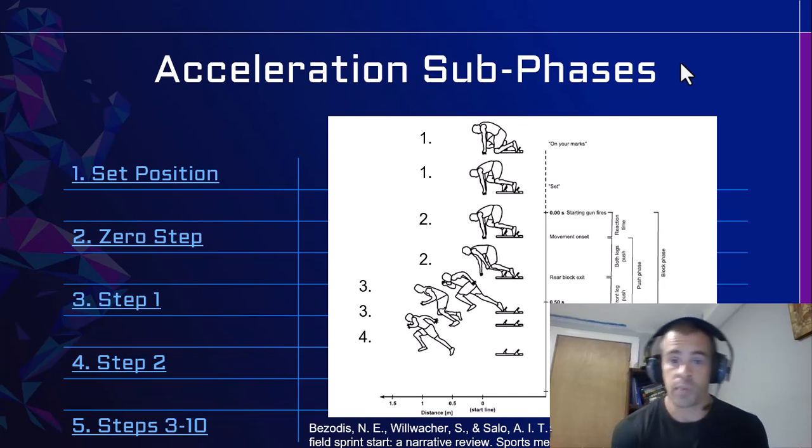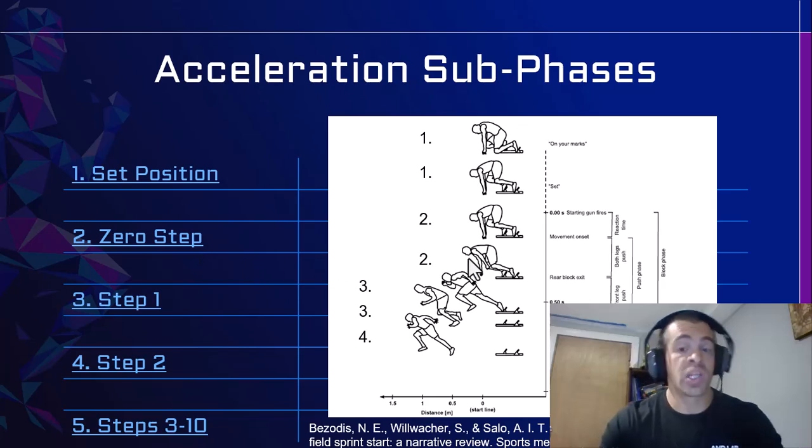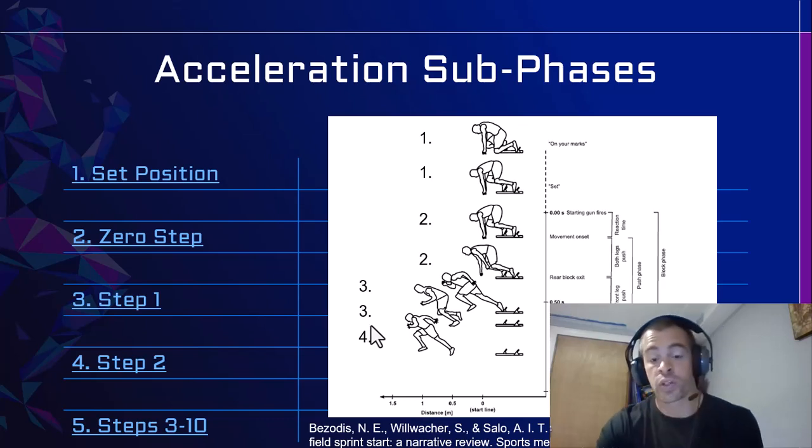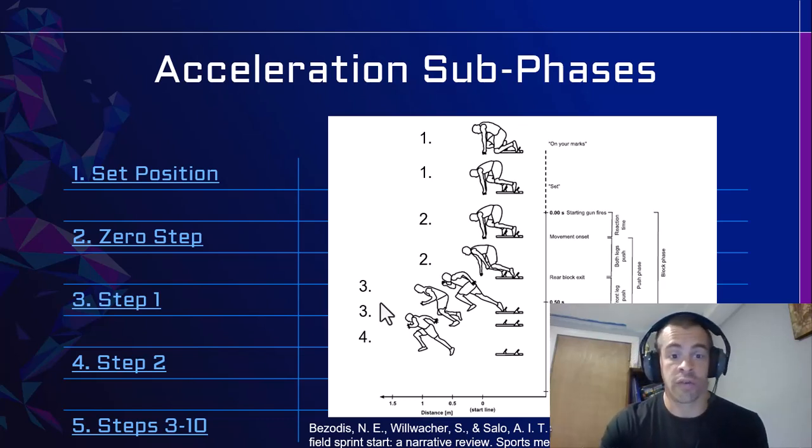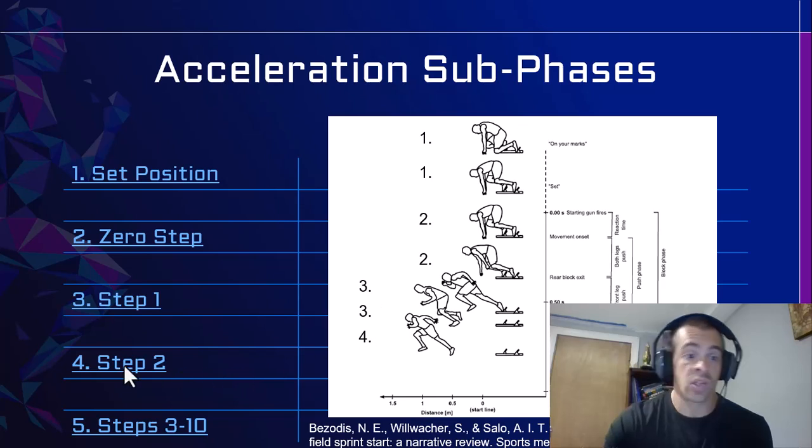You've got the set position, which is displayed in pictures 1 and 1. Then you have the 0 step, which is the initial push out of the blocks, and you can see 2 and 2 here. After the 0 step, you've got step 1, which is labeled number 3 here, and that's that first foot contact and pushing off that first foot. And then after that is step 2.